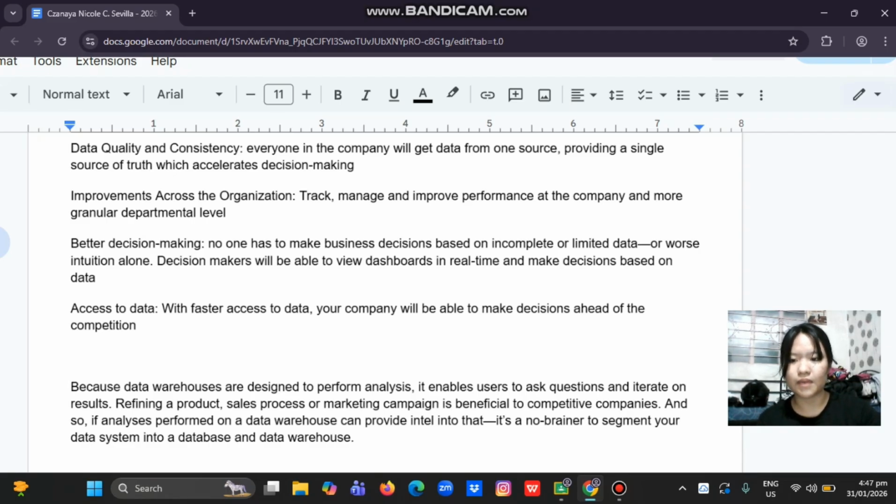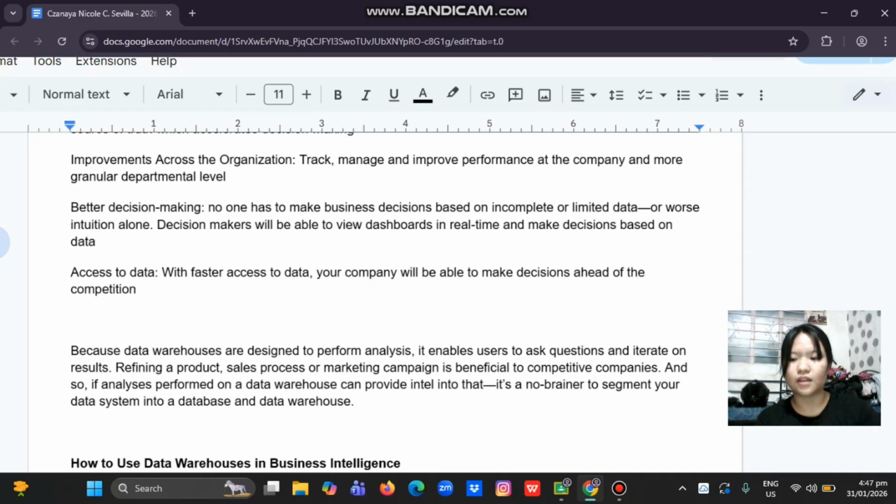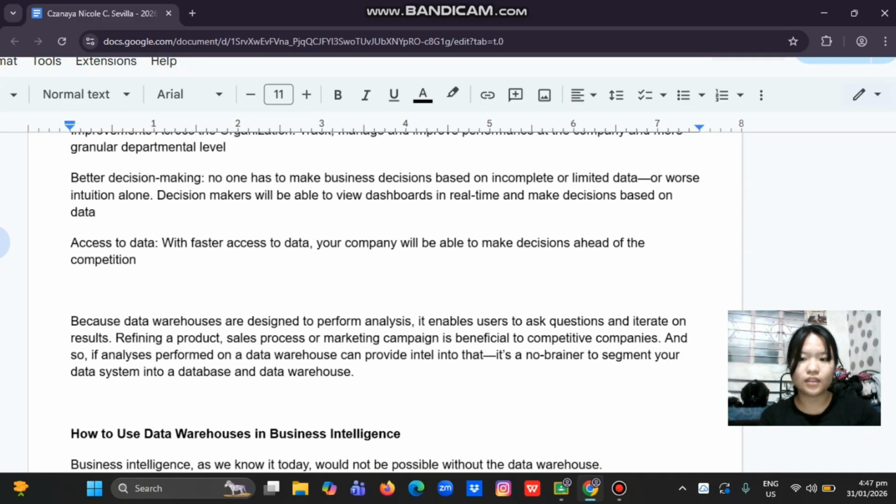Better decision making. No one has to make decisions based on incomplete or limited data, or worse, intuition alone. Decision makers will be able to view dashboards in real time and make decisions based on data. Access to data. With faster access to data, your company will be able to make decisions ahead of the competition.